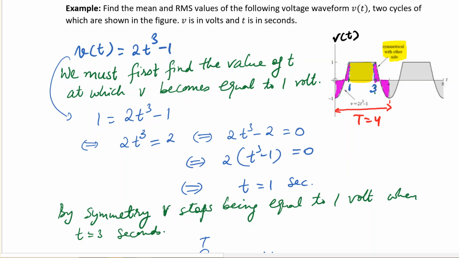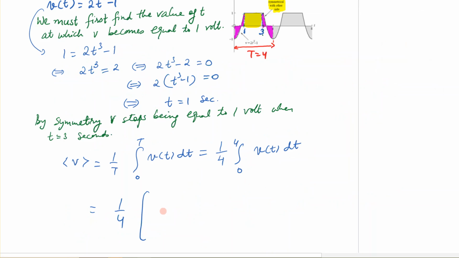So now overall our average function becomes twice the integral of the part of the curve between 0 to 1, which is defined as 2t cubed minus 1 dt. I'm doing it twice because that will accommodate also the area from 3 to 4, plus the area of the rectangle, which is our yellow area, which is 2.